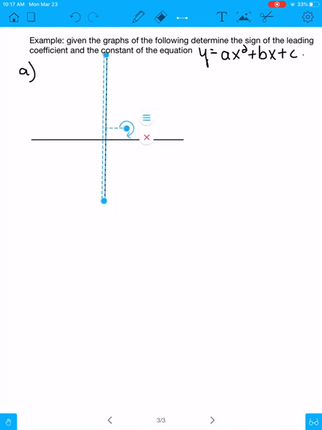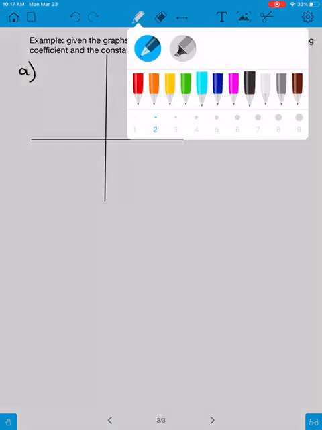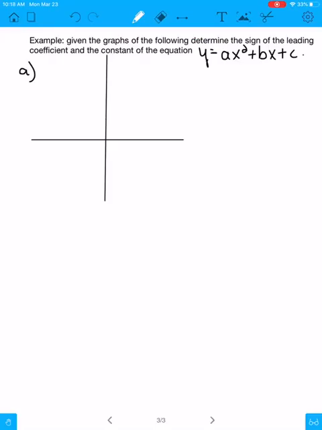All right. Boom. We have our graph showing. Now I'm going to put a quadratic on that graph. It's going to have a y-intercept of 8. And it's going to be concave down.